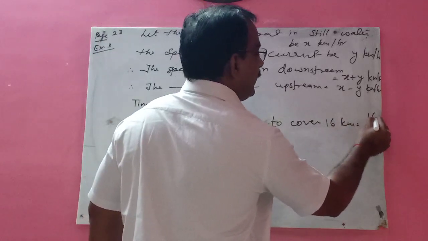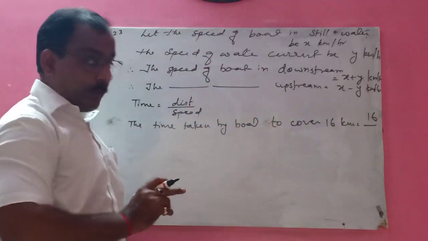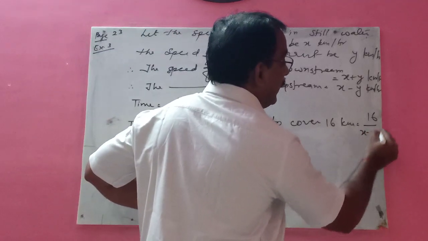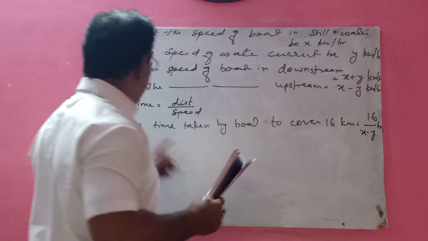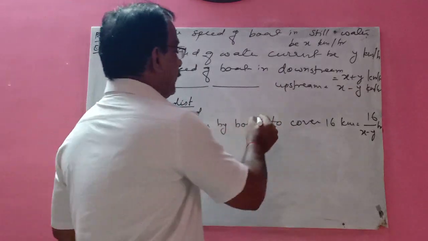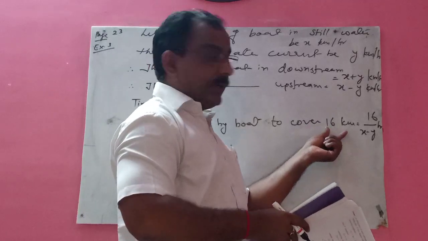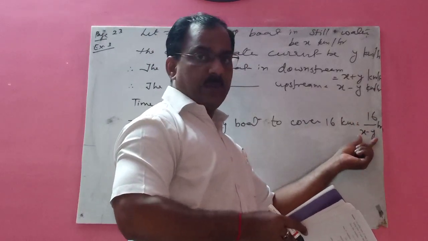Since 16 kilometers is upstream, the speed is x minus y, so the time is 16 upon x minus y.